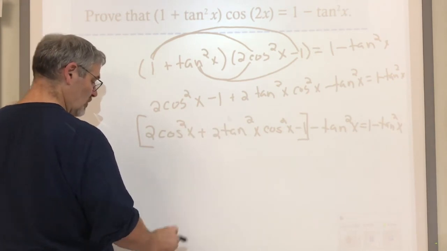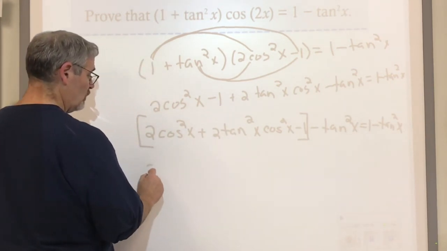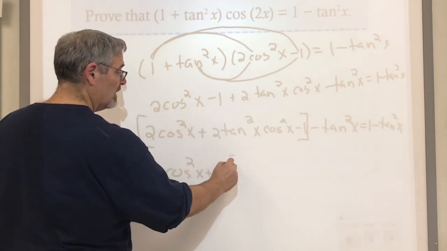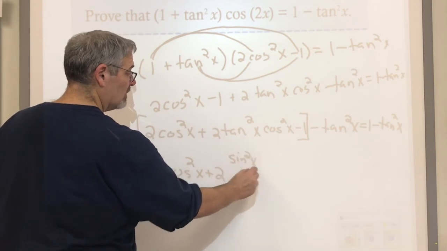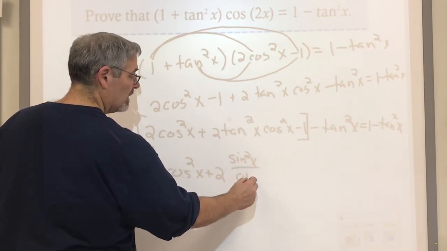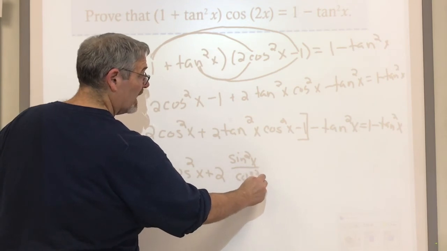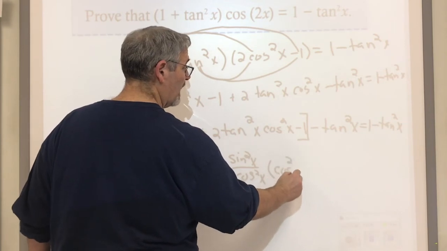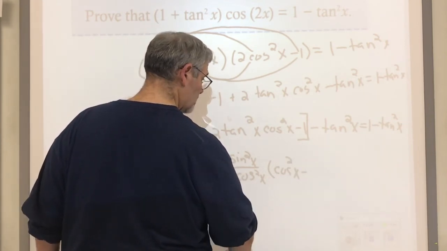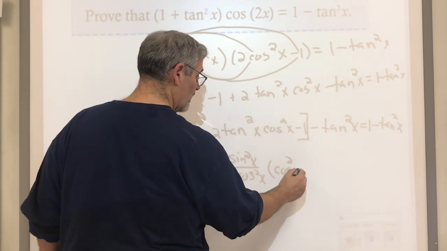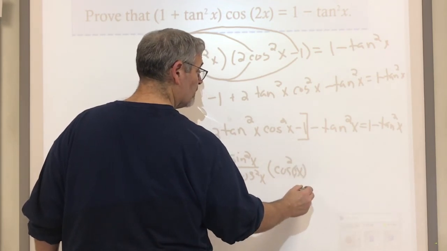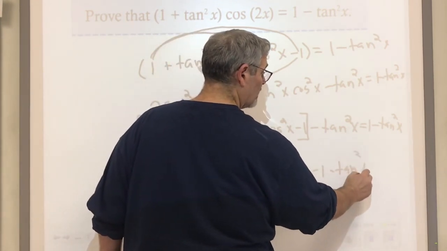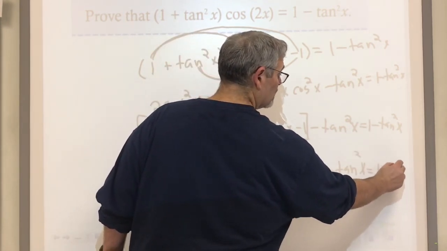So this is 2 cosine squared x plus 2 sine squared x over cosine squared x times the cosine squared x minus 1 minus tangent squared x equals 1 minus tangent squared x.